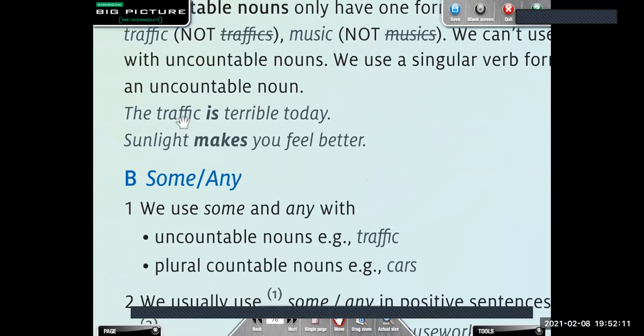Okay, for example, the traffic is terrible. Sunlight makes you feel better. Okay, los demás verbos los utilizamos como si fueran para tercera persona. Recuerden que para she, he or it siempre añadimos una es o s al verbo, ¿cierto? Entonces no olviden utilizar el verbo como para singular, para la tercera persona y para singular.